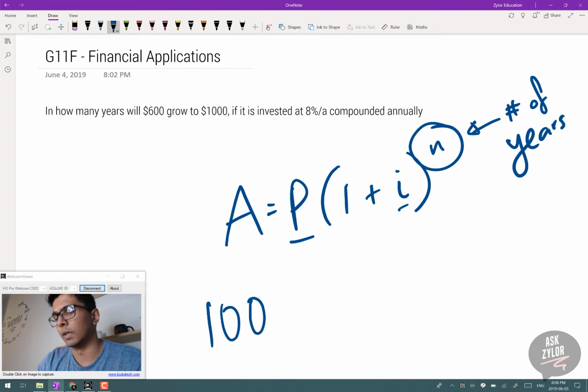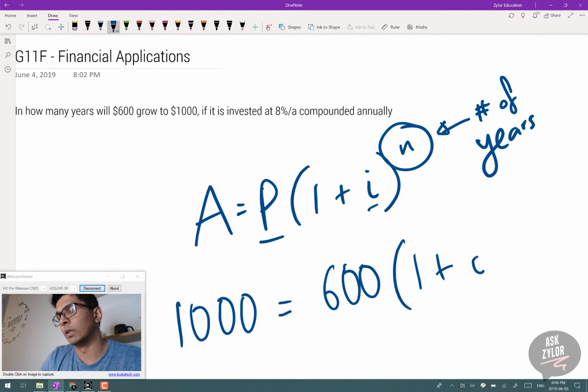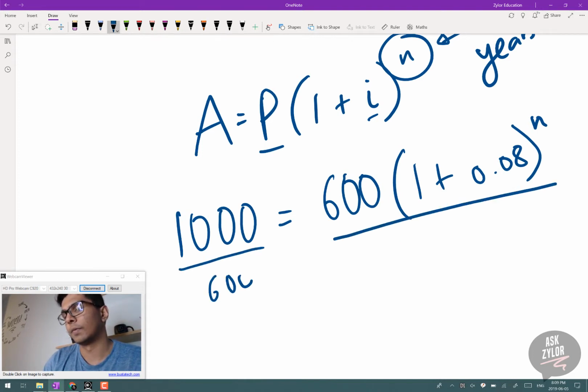Right? So I'm going to replace the A with 1,000, my principal with 600, and my interest with 8%, so 0.08, to the power of n. Right. So for this we can divide both sides by 600 to try and isolate for the n.